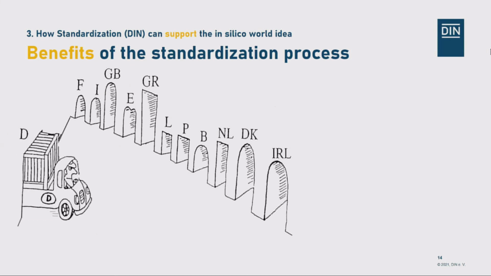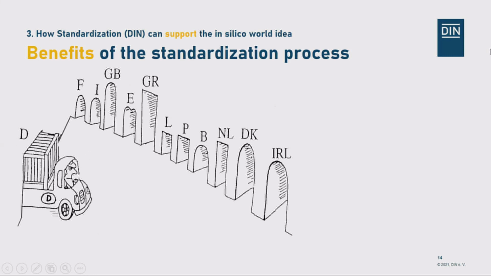But standards not only create trust, they also facilitate international trade. Here in this illustration, we have, in an exaggerated way of course, the different requirements that unfortunately result in a trade barrier for this little truck coming in here.